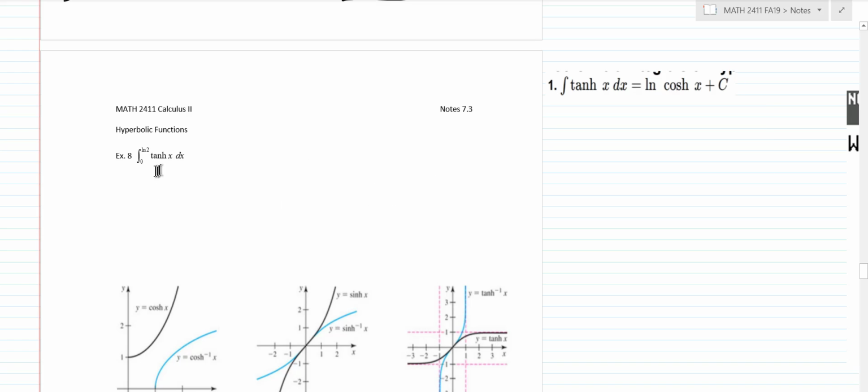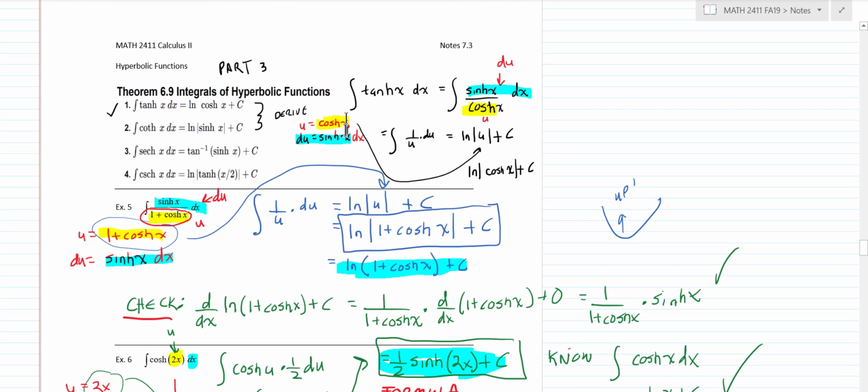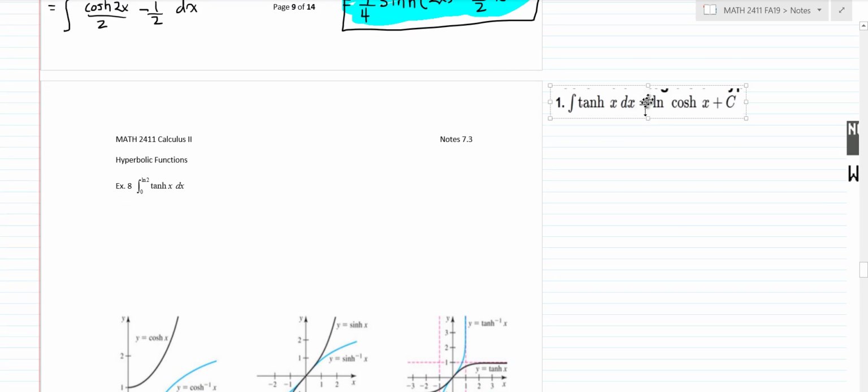This one right here is the integral of the tanh. If you go back to the previous page, I showed you how to derive that formula, ln cosh x plus c. So if you have a formula given, you can certainly just use it. Let's do that to save a little bit of time.